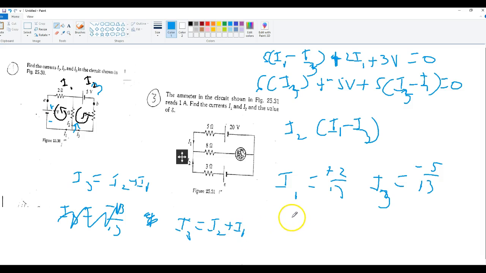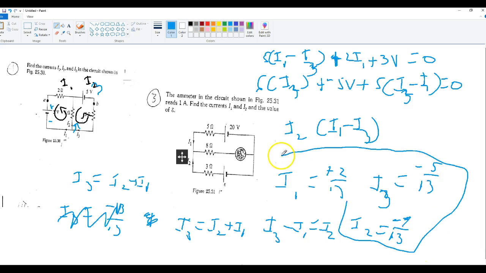That is true. But we're solving for I2, so I3 minus I1 is equal to I2. Or, in other words, I2 is equal to negative 7 over 13. And these are going to be your three answers.